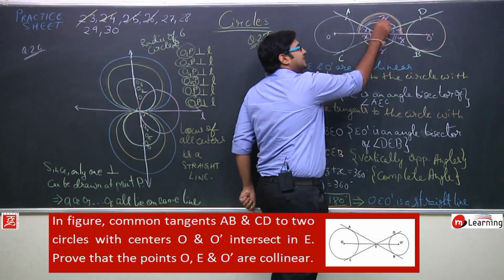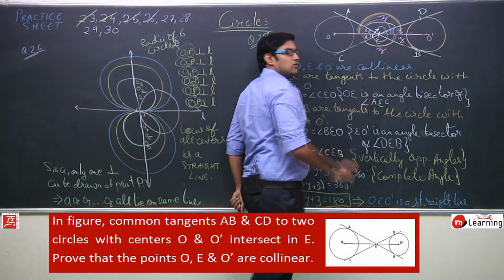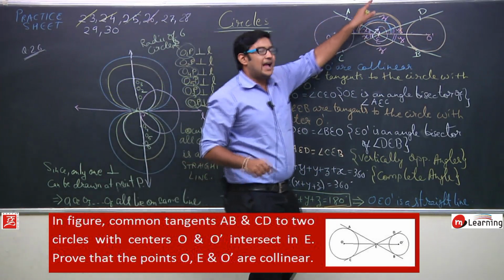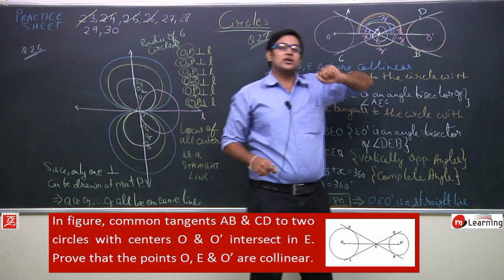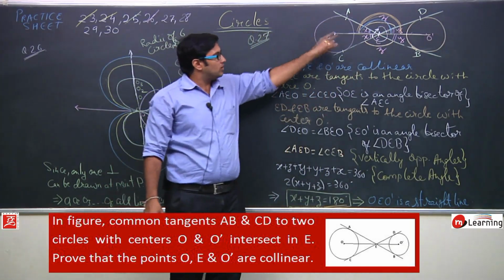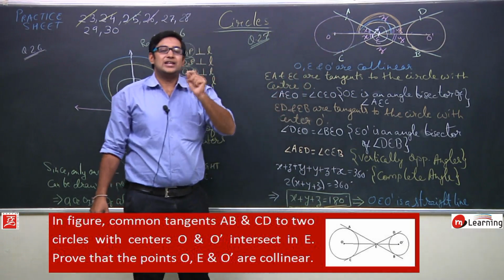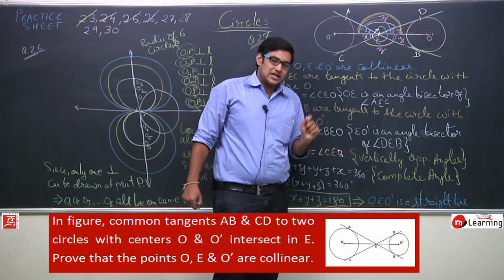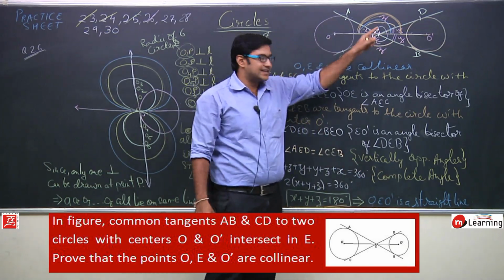Now since this angle is 180, OEO dash is a straight line, it means O, E and O dash all lie on a single line, that is O, E, O dash are collinear. Okay, after this I can write that O, E, O dash are collinear because this is a straight line.